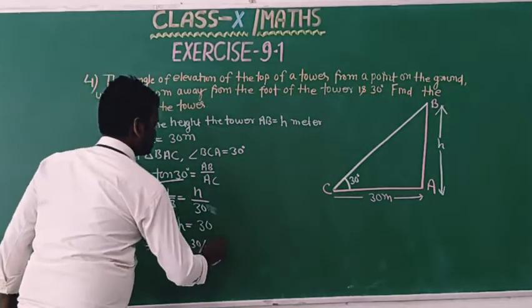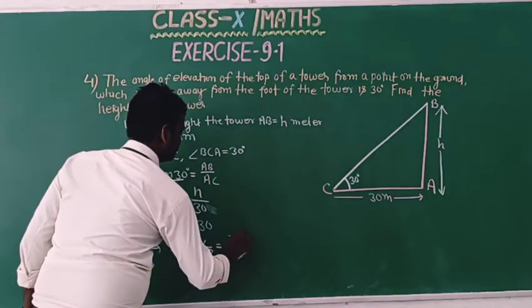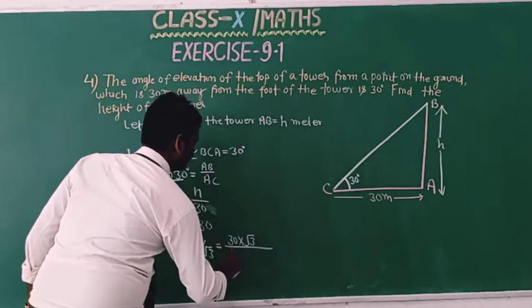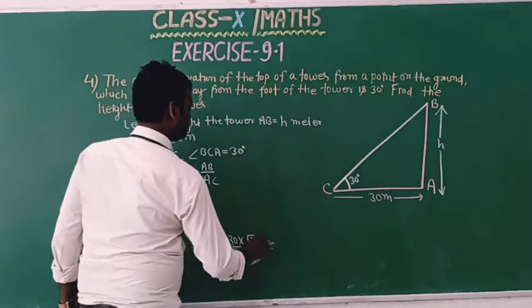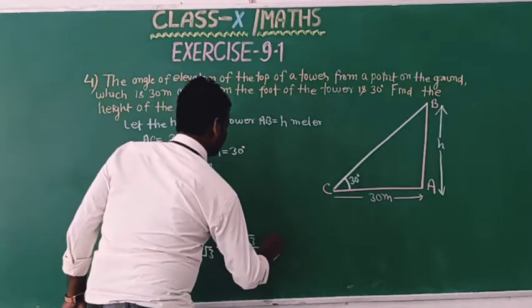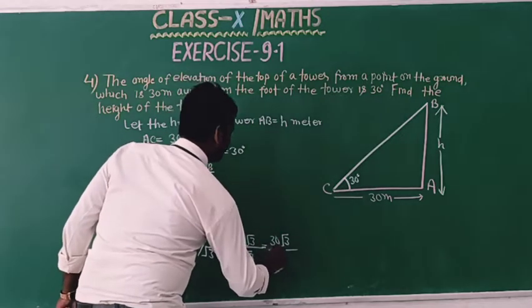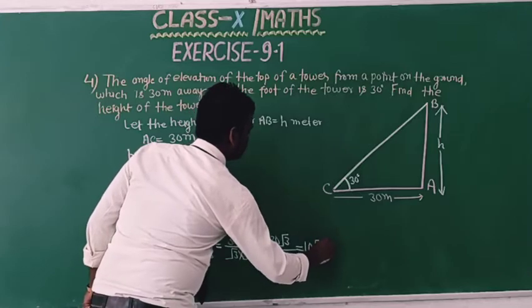Now rationalize over here, so this is 30 into root 3 by root 3, which is equal to 30 root 3 by 3, equal to 10 root 3 meter.